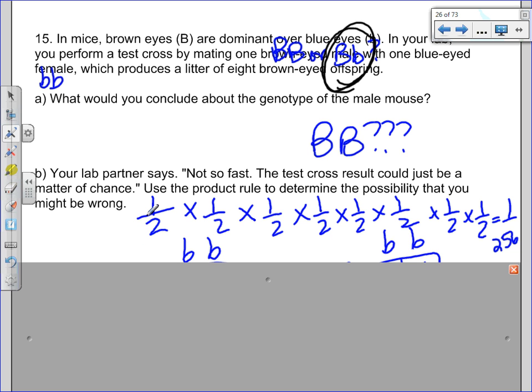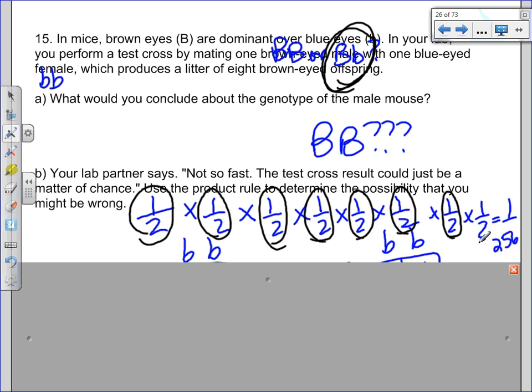So if you have 8 baby mice, then the chance of all of them being brown would be the chance of the first one being brown, 1/2, times the chance of the second one being brown, 1/2, and so on 8 times, so that we get all 8 children.